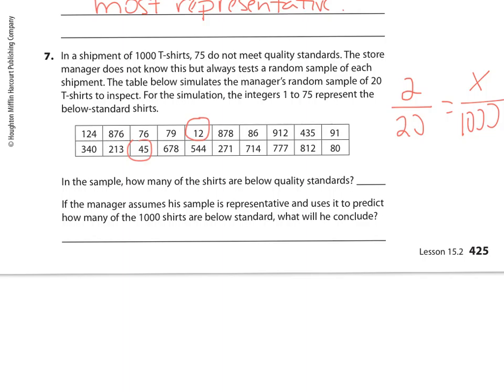We're going to do 2 times 1,000 divided by 20, and that gives us 100. So in the sample, how many shirts were below standard? 2 in the sample, but we can conclude that 100 would not meet standard, based on his random sample.